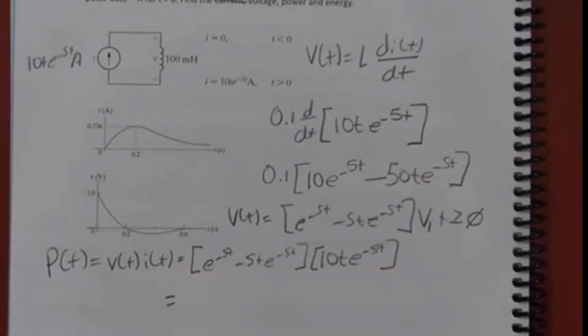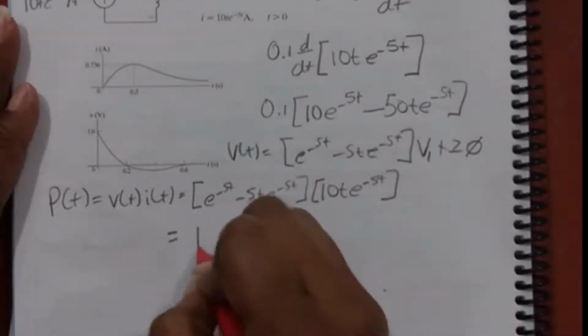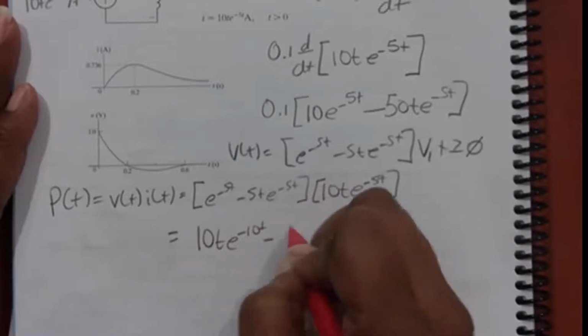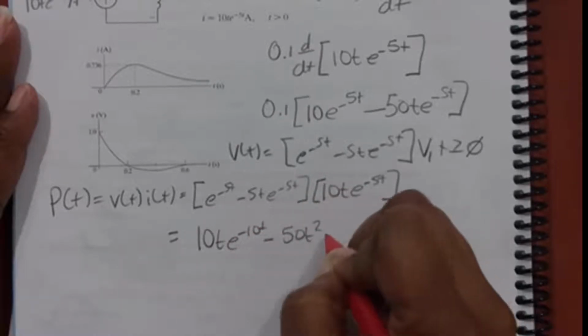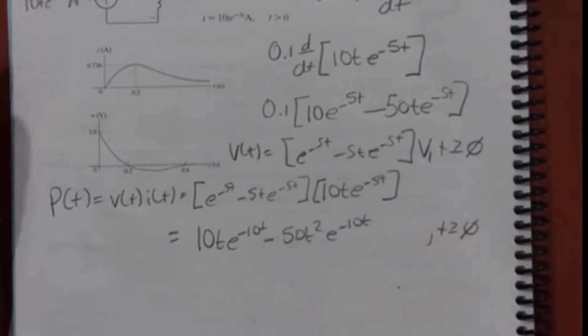Okay, what is the power for t greater than or equal to 0? So that would be 10t e to the negative 10t minus 50t squared e to the negative 10t. This is for t greater than or equal to 0.